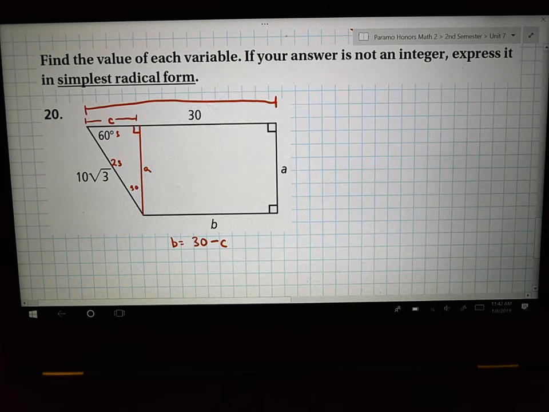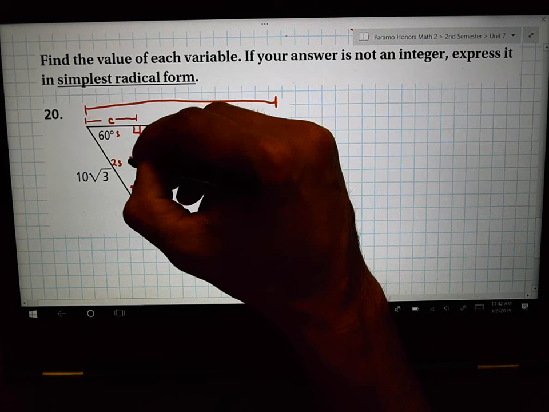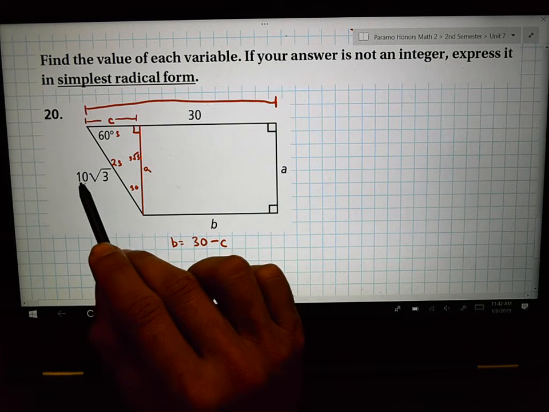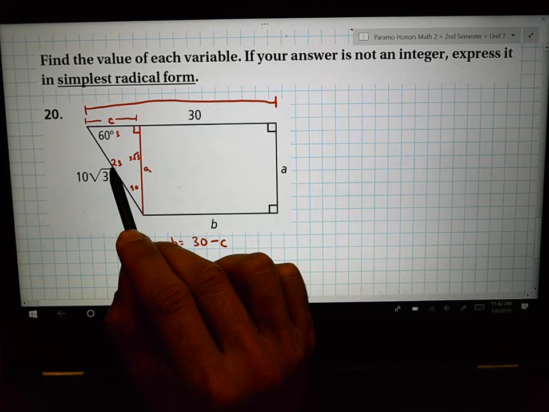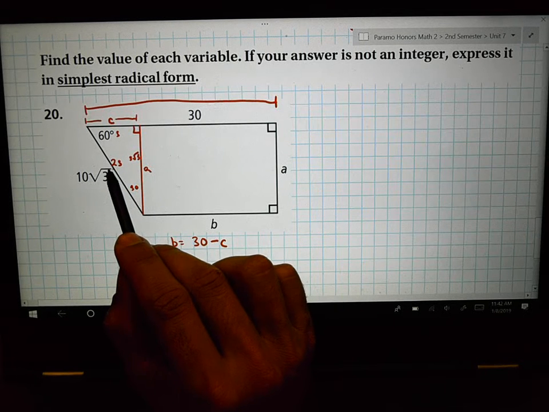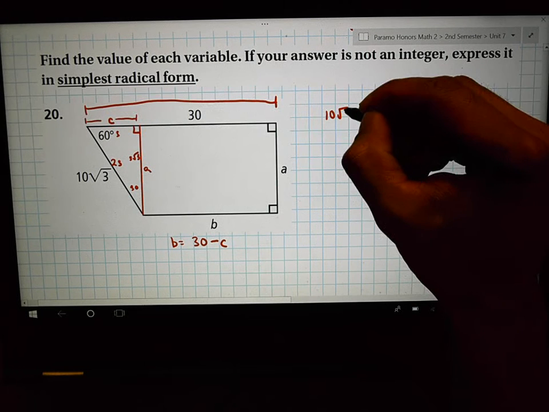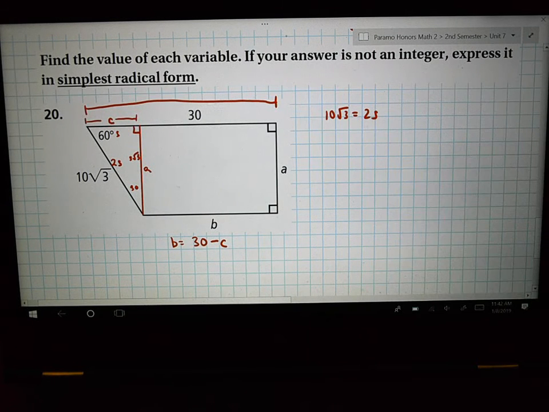Across from the 60 is S root 3. They gave me that 10 root 3 is the same thing as the 2S. We have to figure out what S is. This is going to be one of those doesn't come out pretty answers. 10 root 3 is the same thing as 2S.